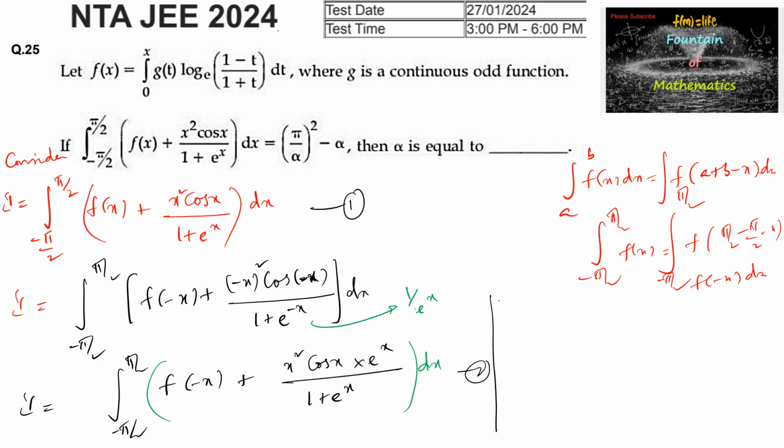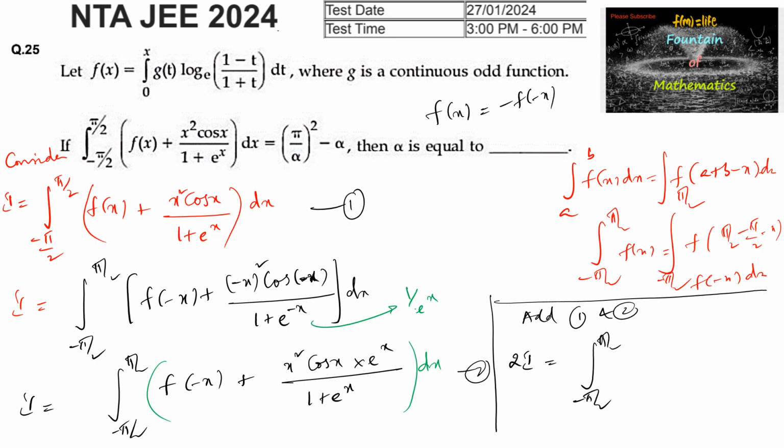So by adding 1 and 2, we get 2I is equal to the integral from minus pi by 2 to plus pi by 2. Here f of x is equal to minus f of minus x, that is f of x plus f of negative x is equal to 0, since f is an odd function.